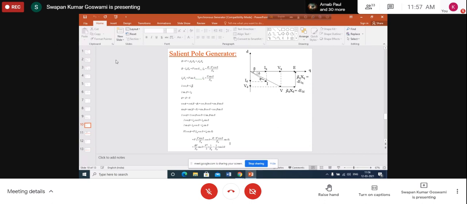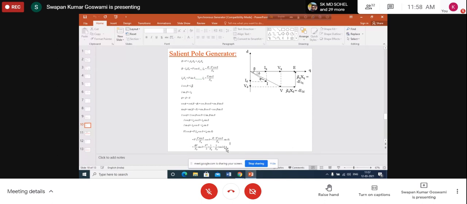Now, if you find that dP/d delta for a salient pole machine, then you see that it is somewhat higher. In case of salient pole machine, it is somewhat higher than the cylindrical rotor machine. Why higher? Because of the presence of this sin 2 delta component, because of the presence of this reluctance power component. তাই তো? তার মানে কি, since dP/d delta is higher, what you can actually understand from this value of dP/d delta for salient pole type machine?